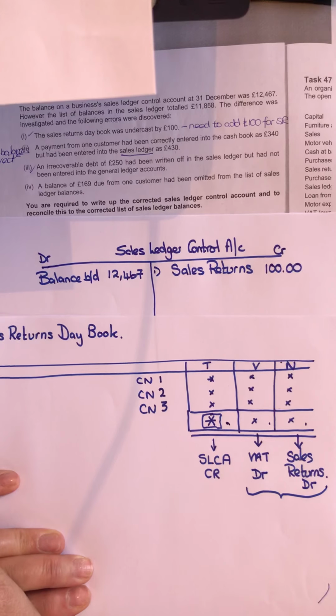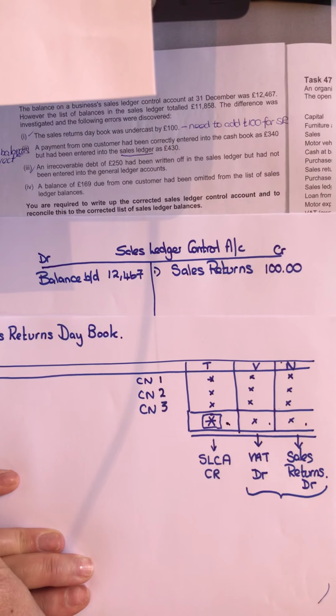Number 2, a payment from one customer had been correctly entered into the cash book as £340, but had been entered into the sales ledger as £430. Now, remembering your theory, the sales ledger is not part of the double entry system.